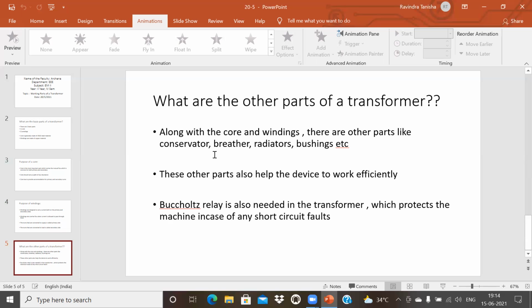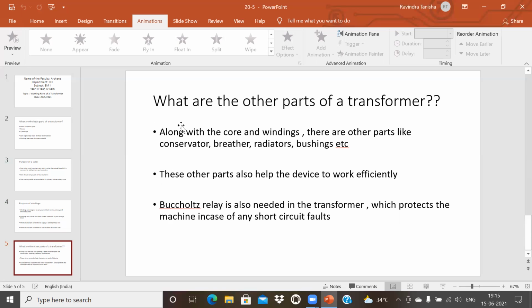It allows air to flow in, but the mouth of the breather has silica gel, so that the external atmospheric moisture is filtered there itself, and no moisture enters the conservator tank, so that the electrical properties of the transformer will not be damaged.